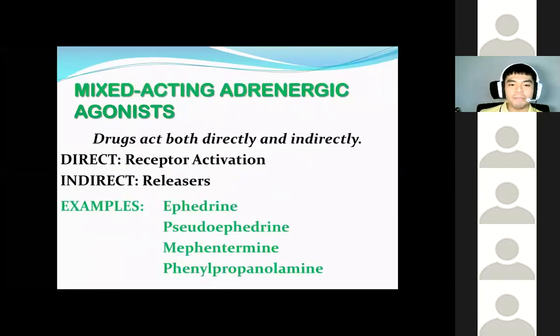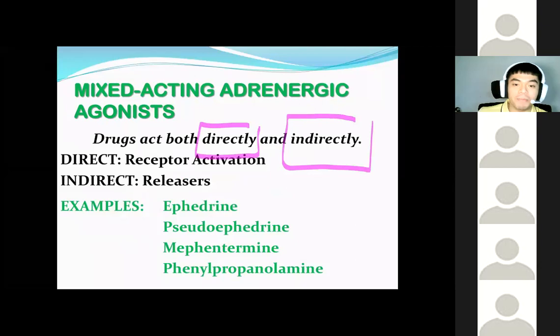And then finally, mixed acting. I told you that they act both directly and indirectly. So they bind to receptors and also have indirect action.